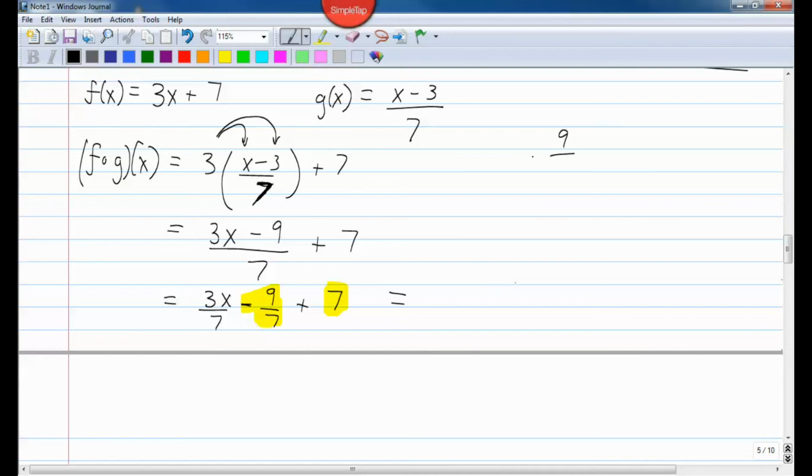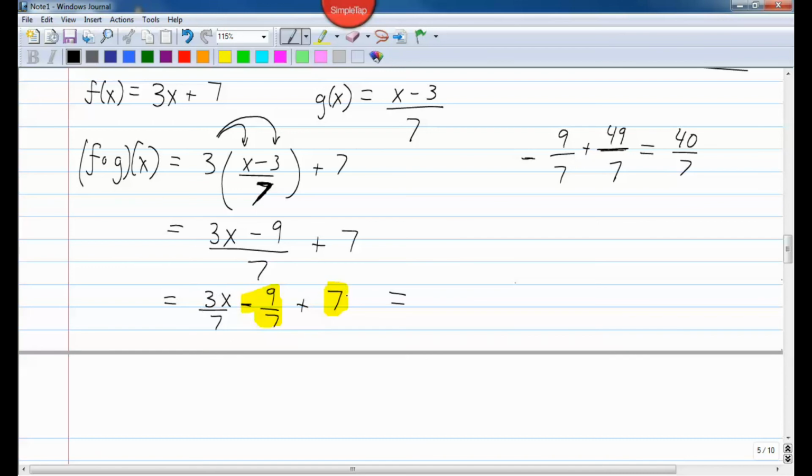So we know that one number is negative 9 over 7. If I want to change this into sevenths, how do I figure out what's up here? I say 7 times 7, that gives you 49, and that's a positive 49 over 7. If you take 49 and divide by 7, you get 7, so you can check and see that you got that right. So that would be 40 over 7. Okay?